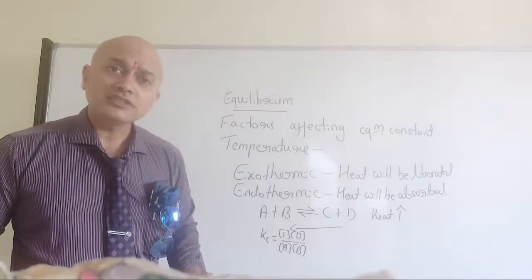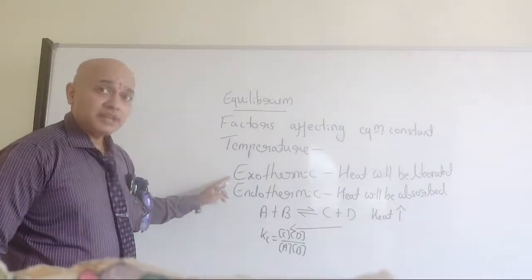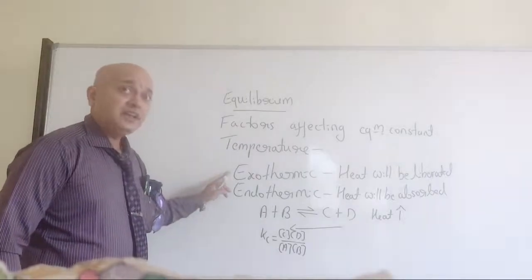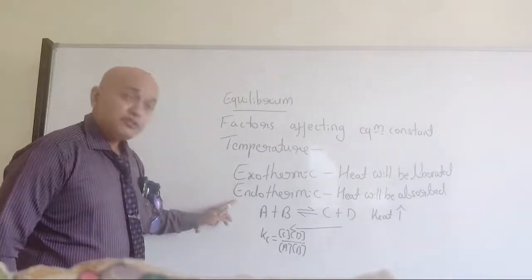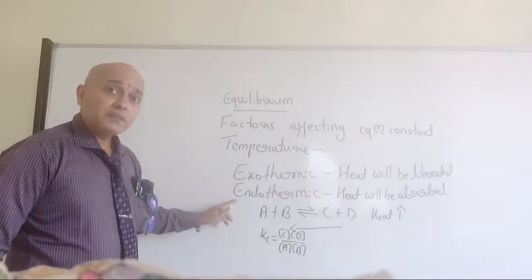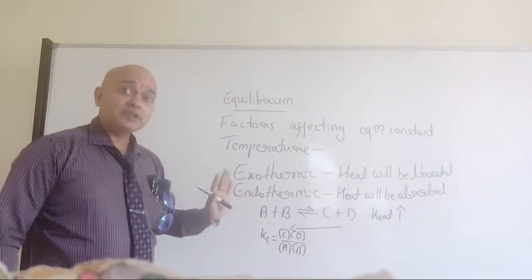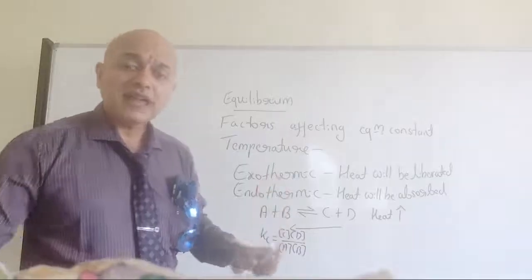All of you have understood? What I mean to tell you is that for an exothermic reaction, if you supply heat from outside, the backward reaction is going to happen. And for an endothermic reaction, if you supply heat from outside, then the forward reaction is going to happen. Fine? Am I clear?